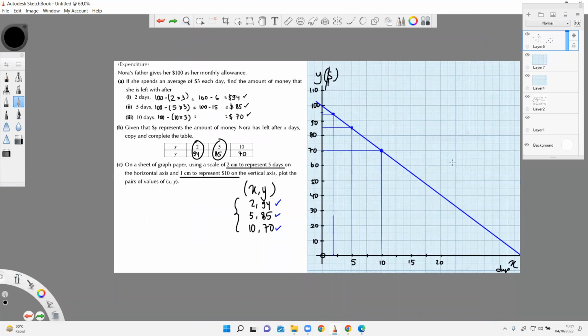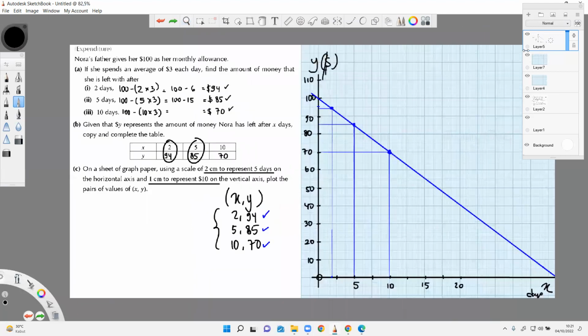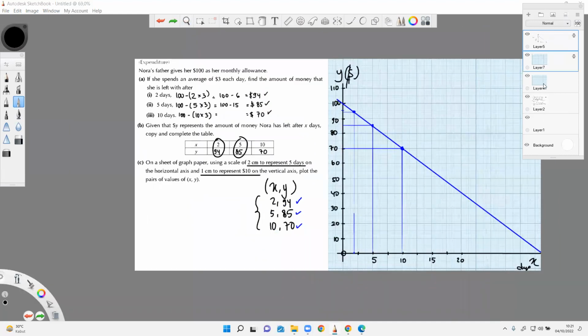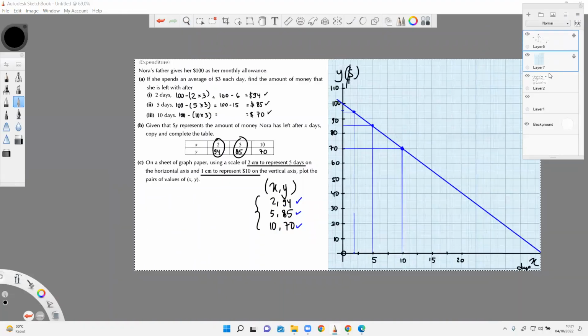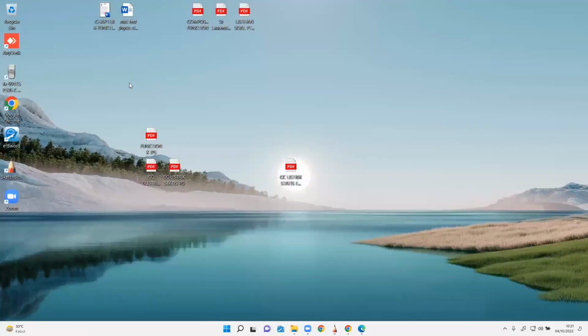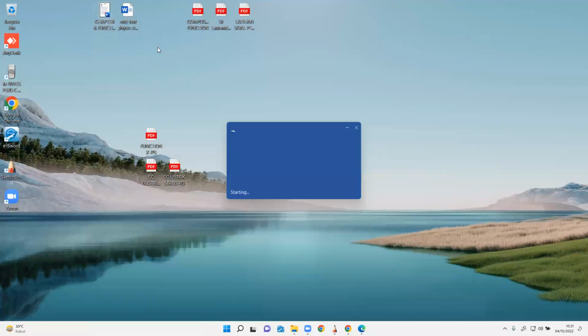Okay, any questions so far? This is for the drawing only. So the purpose of the drawing is like this only. Okay. So you can see the answer key is also like that. Okay. Wait, I will merge the layer, copy and paste it in our book.